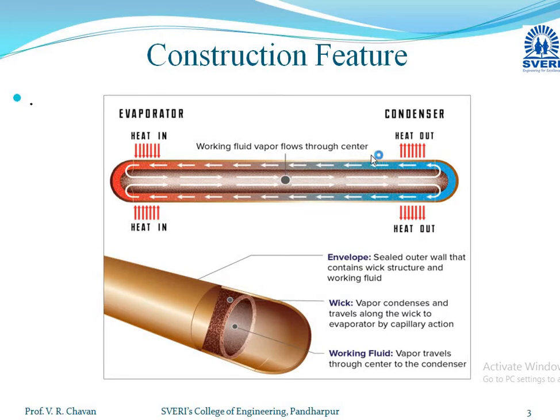The main part is the tube, called the envelope or container, which seals the outer wall and contains the wick structure and a working fluid.